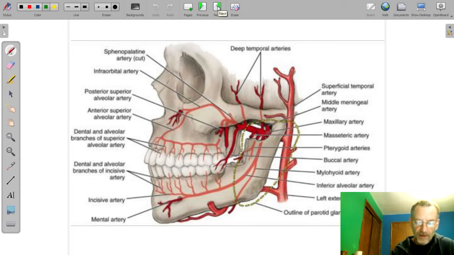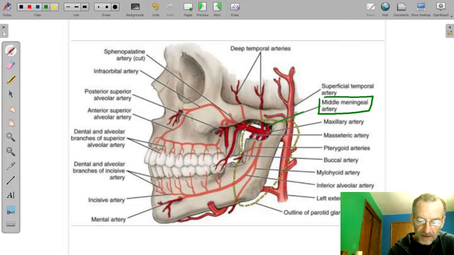So here they are. Here is the middle meningeal artery, and it's a little hard to see. It's tucked up inside underneath the arch. That's going up through the foramen spinosum into the cranium. And then we have the inferior alveolar, which comes off and supplies all of the mandibular teeth.